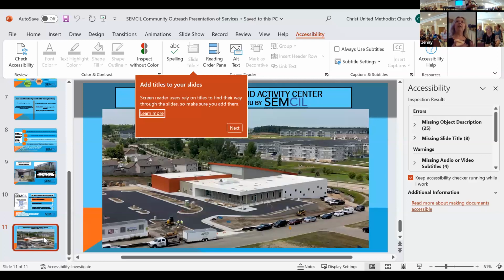There'll be daily, monthly, yearly memberships. SEMCIL services, there's very few things that cost for us. Now, if you're building a ramp, that's gonna cost. There are some individuals that are waiver supported through the county, so there's fees involved that waiver supports for different things that we do. We do full assessments that will help gear what individuals need to learn to be more independent.